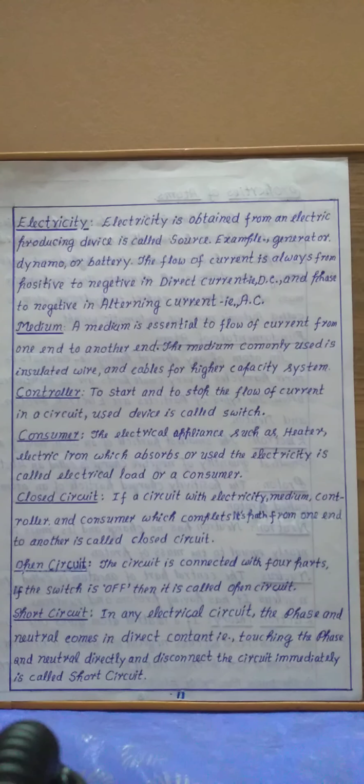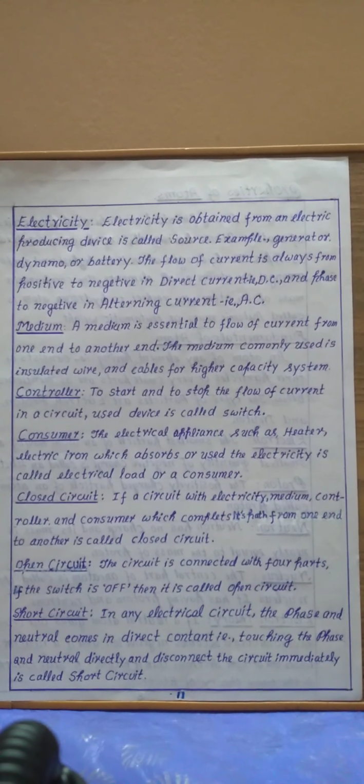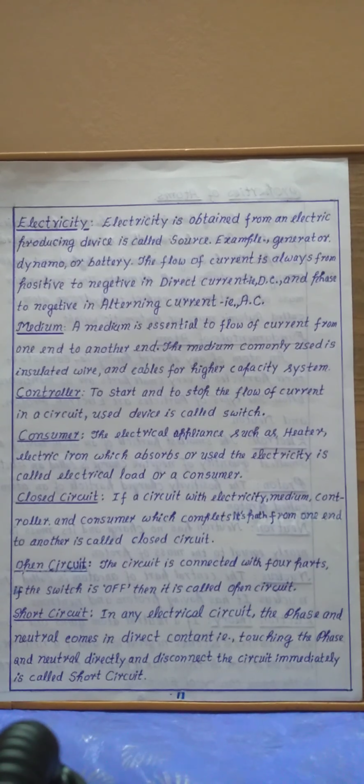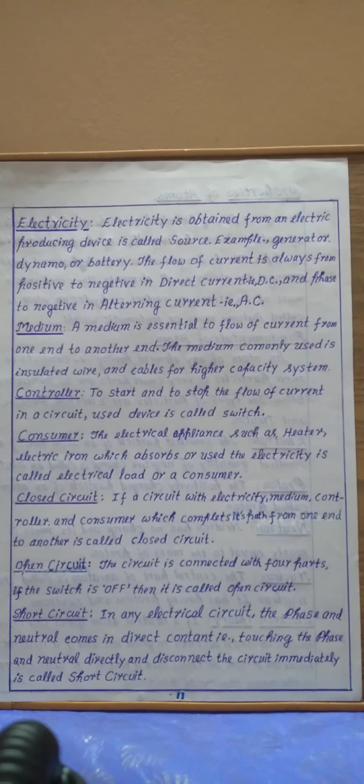Usually in DC, the current flows inside the battery or that particular source from positive to negative.